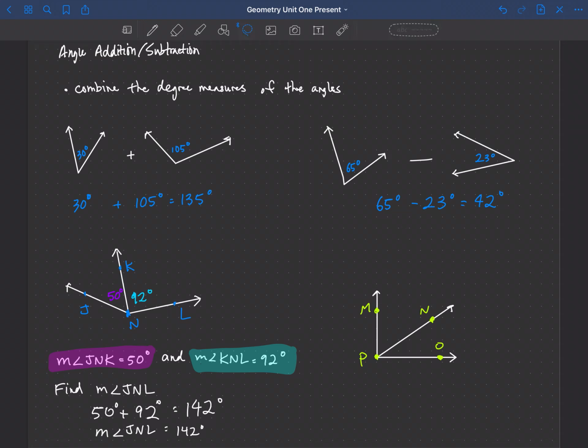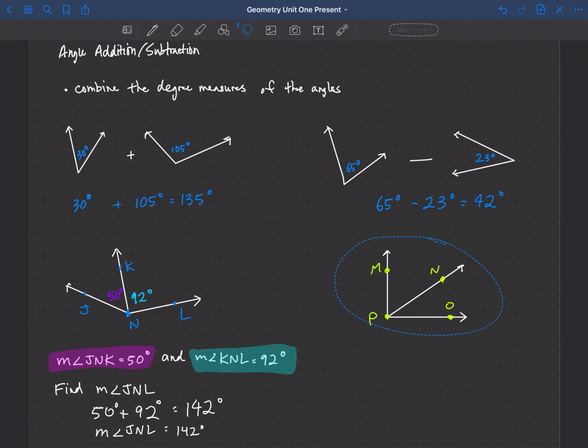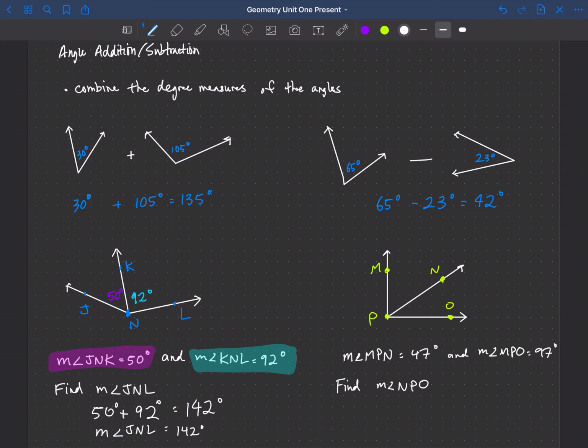We're going to put out some information about this diagram. So let's see. Measurement of angle MPN equals 47 degrees. And measurement of angle MPO equals 97 degrees. We want to find the measurement of angle NPO.